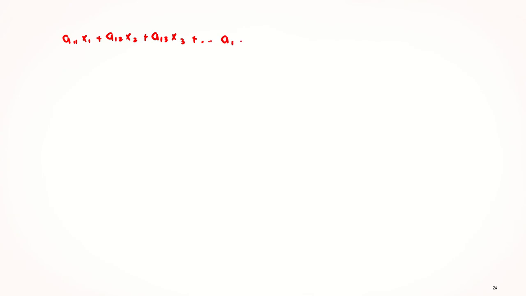The first equation doesn't really change much, equals b1, and we denote the next as equation 5, with a'32 x2 plus a'33 x3 plus dot dot dot.